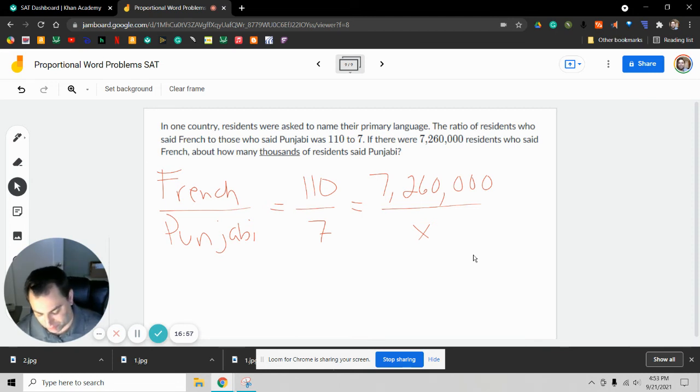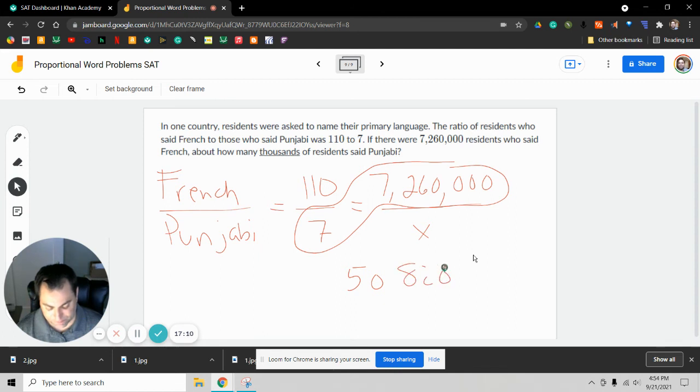But if we do 7,260,000 times 7, because it's a single digit, we can work it out. It's about 50,820,000. And then we divide by the number we didn't use, so we're going to divide by 110. A lot of big numbers going on here.